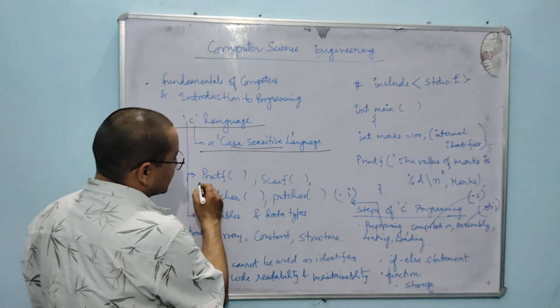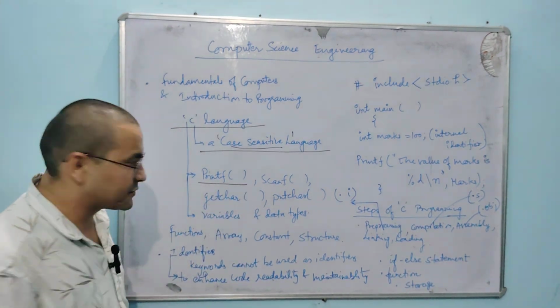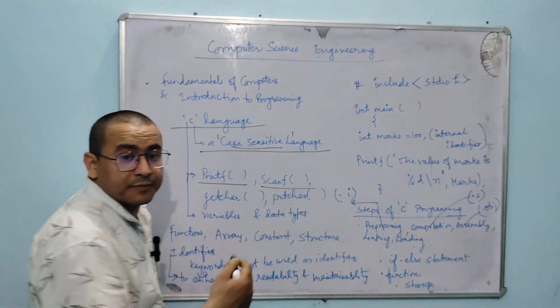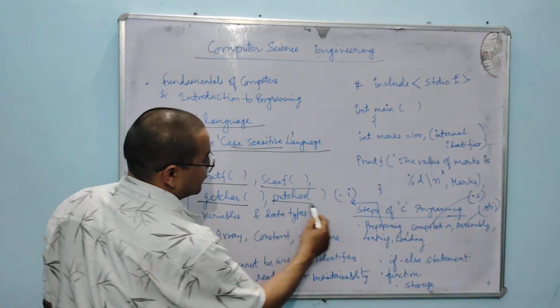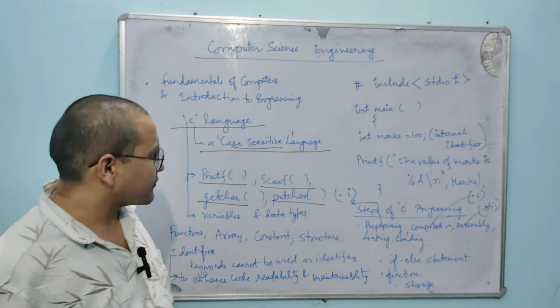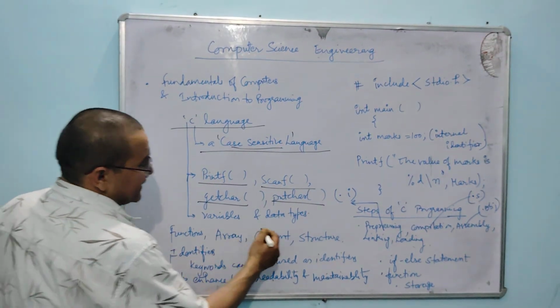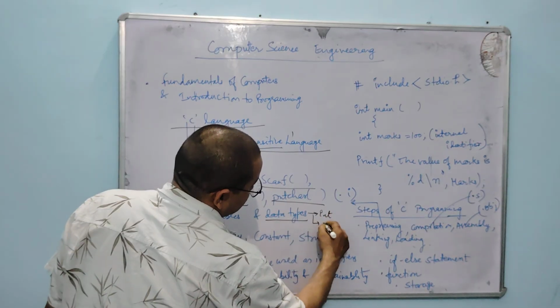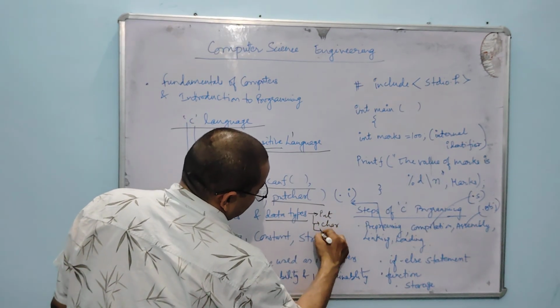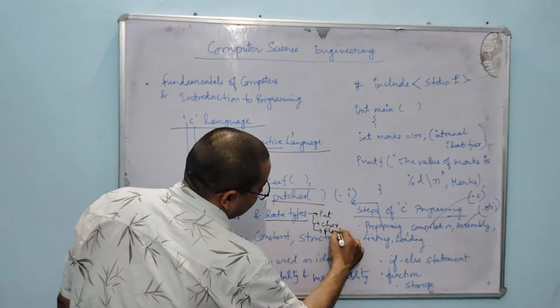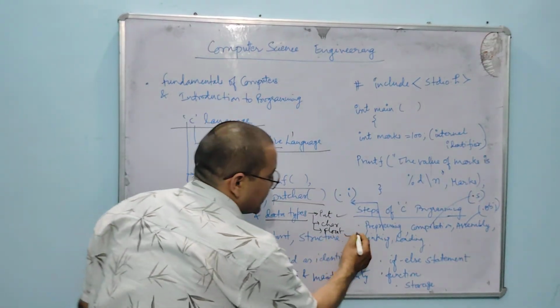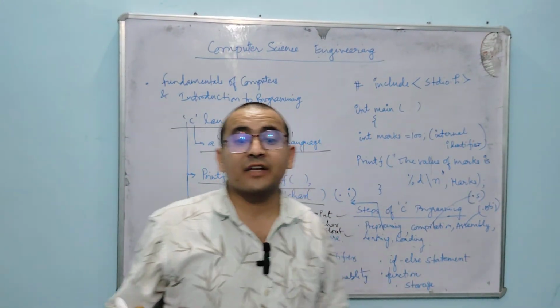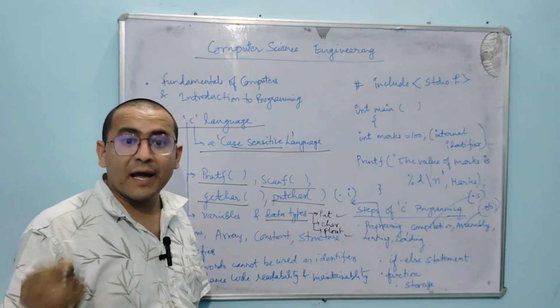Here we have some commands like printf to print something, scanf to input something, getchar and putchar for characters, because the data types may be of integer type, character type, or float type. Integer means number, float means decimal number, like 3.14, the value of pi.